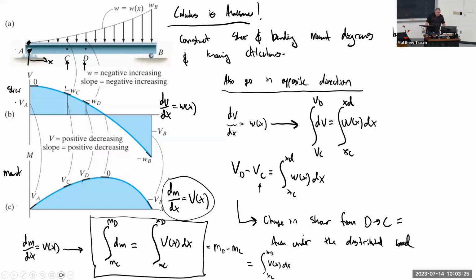For the people at home, if you didn't hear the question, which is a brilliant idea: you could go right from the loading diagram to the moment diagram by taking a double integral. We're taking that intermediate step so that we can get the value of shear if we need it. But you're right, we're literally taking the same integral. Thanks for that.